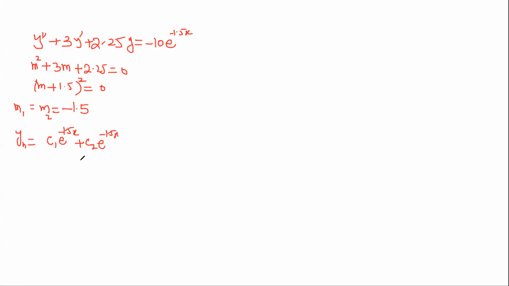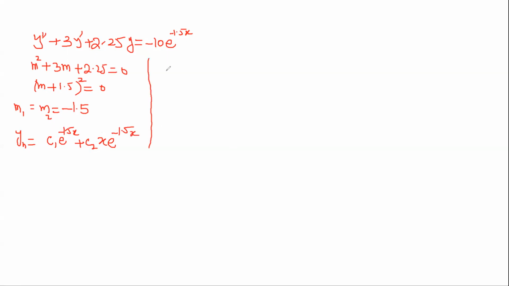Is it correct? No. It should be plus C2 x e power minus 1.5x. Yes, it should be x. Thank you for correcting me. So this will be the solution.